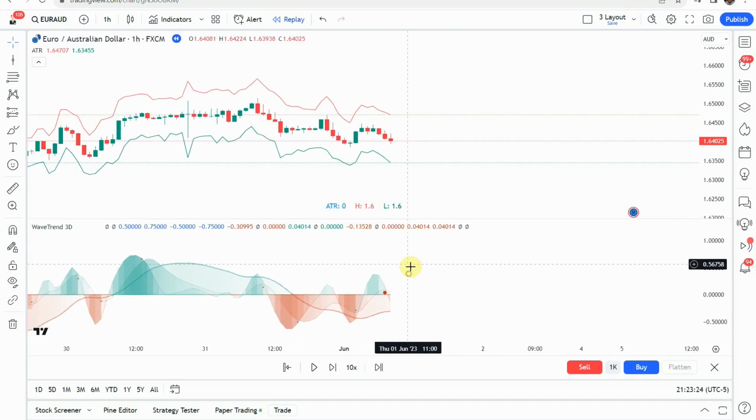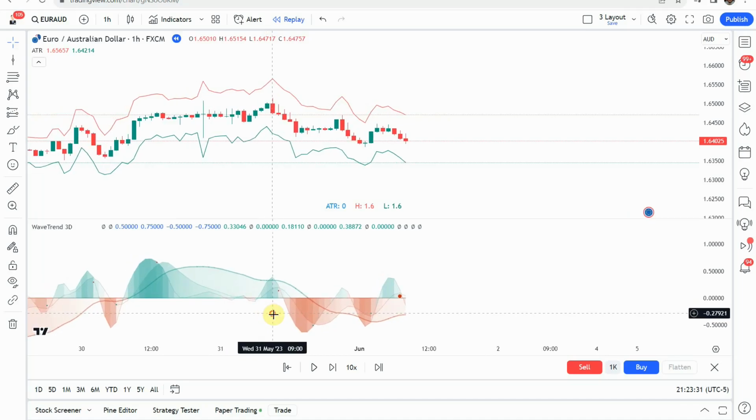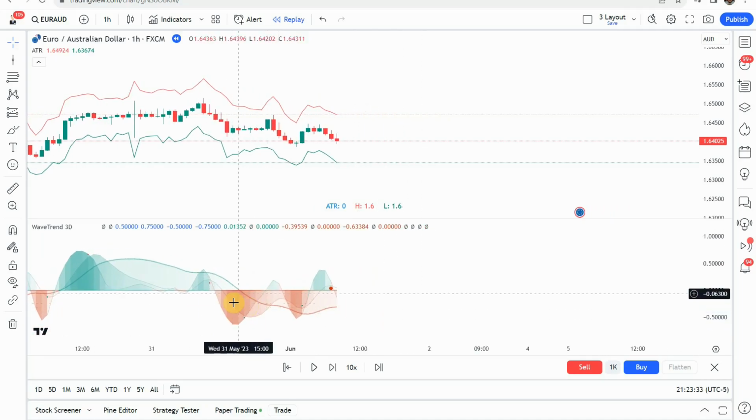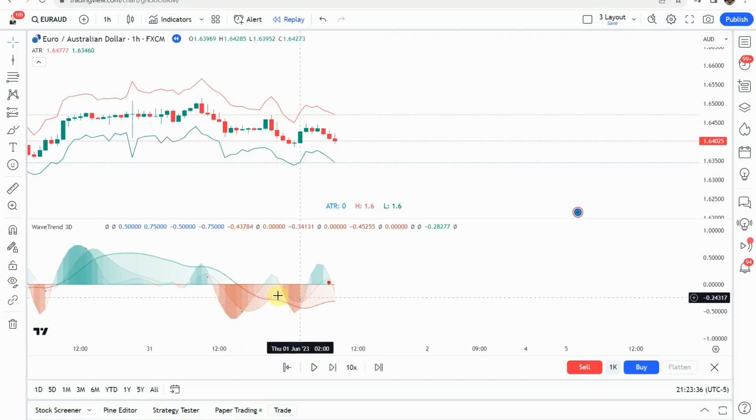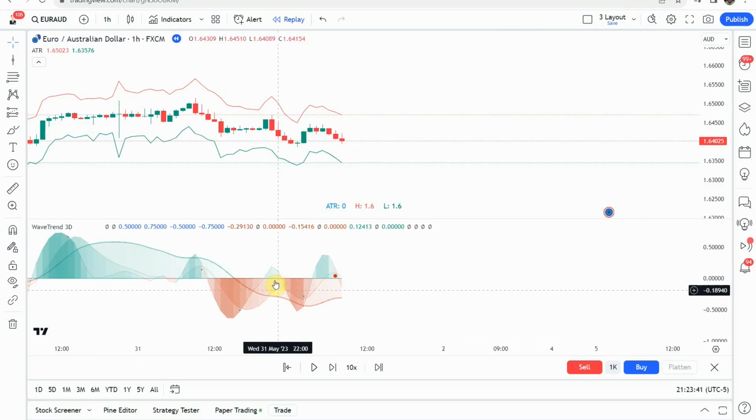And so then what we are looking for is going to be these two smaller lines here. And so again, when the larger line is below the 0 line and red or rust colored there, what we are looking for is the two smaller lines to break above that 0 line.